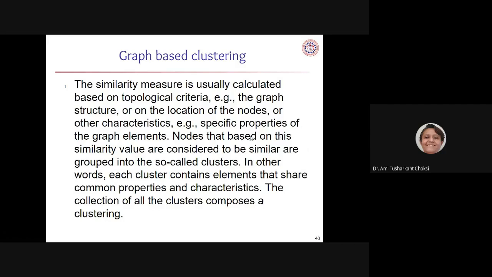Nodes that, based on this similarity value, are considered to be similar are grouped into so-called clusters. In other words, each cluster contains elements that share common properties and characteristics. The collection of all the clusters composes a clustering.